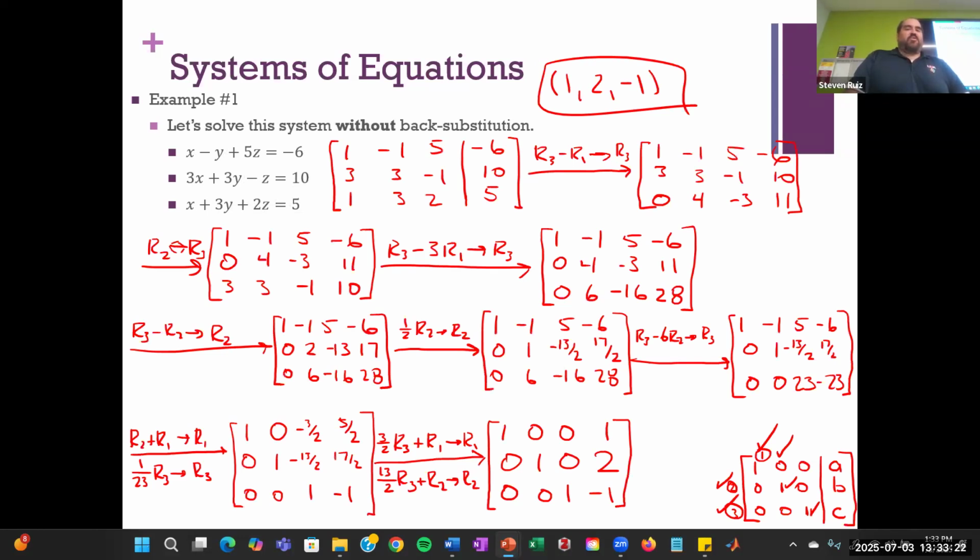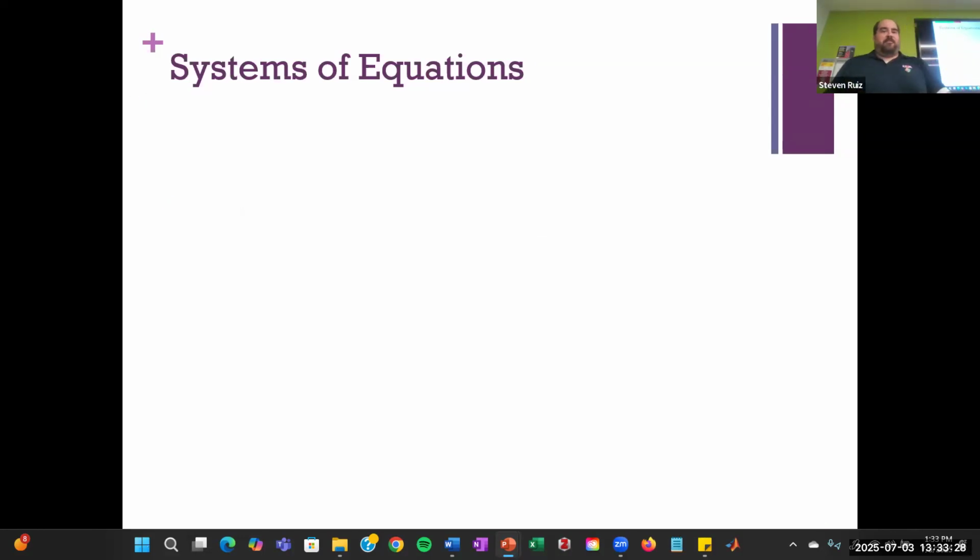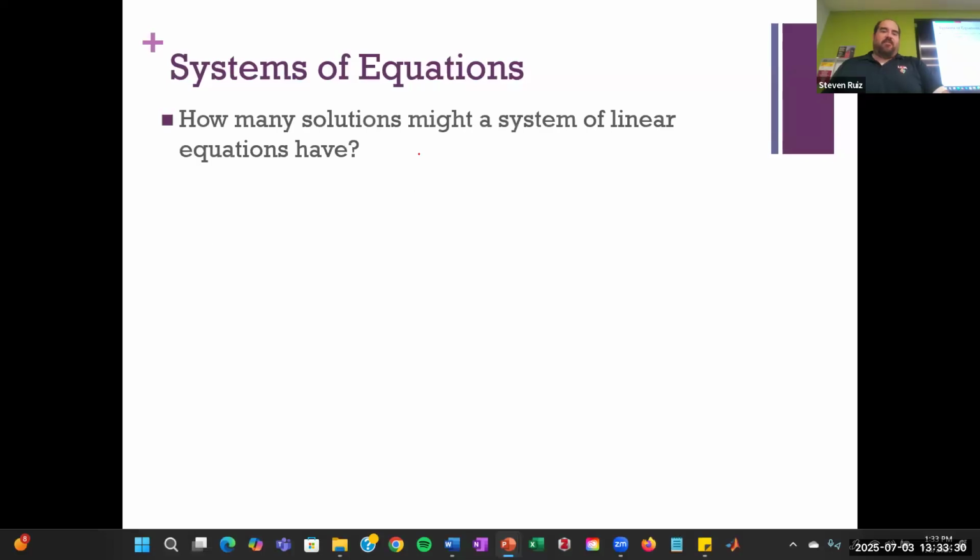It's one solution that contains 3 corresponding coordinates, right? So it could have one solution. Do all systems of equations have one solution? What are some other possibilities? They have infinitely many. Infinite solutions. What else? 0. They don't have any solutions.